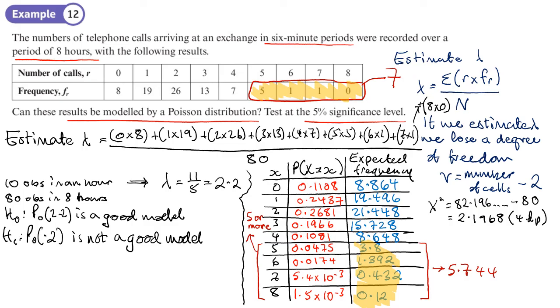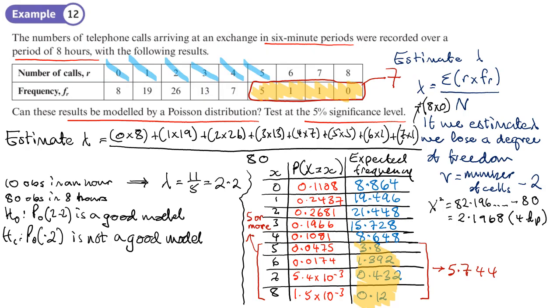Now I need to look up my critical value. Let's do this over the other side. Now how many degrees of freedom have we got? So we had 1, 2, 3, 4, 5 cells after combining. Actually no, not 5 cells, 6 cells after combining.